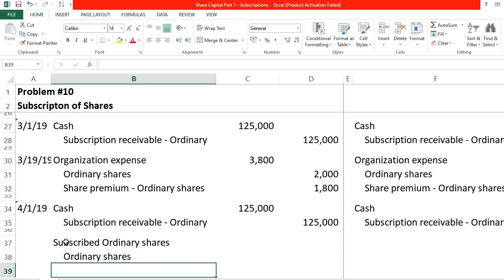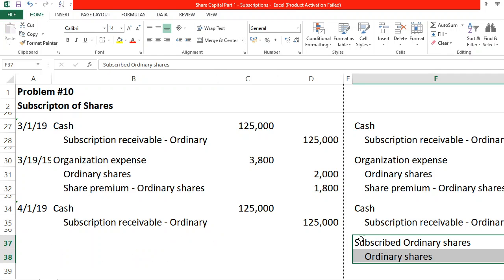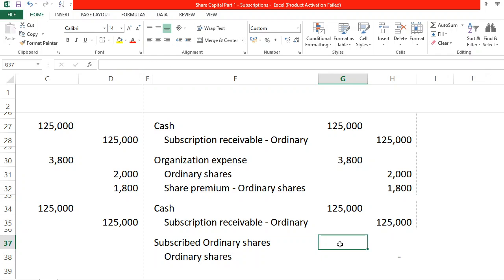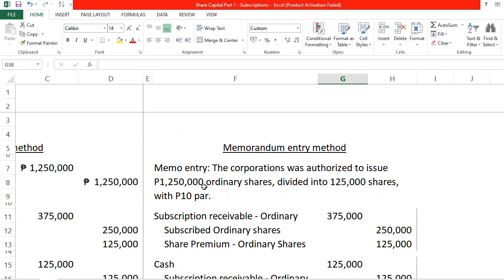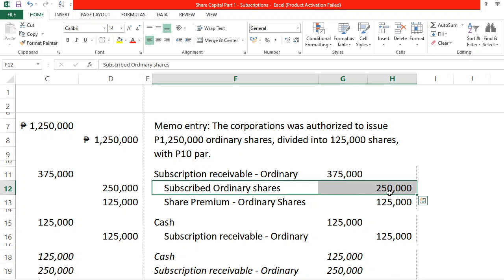Okay? This is supposed to be our entry kung atong gigamit is memorandum entry method. It's the typical entry na atong gina-study. So, this is equal to your par value which is 25,000 times 10. So, that's 250. Ato lang ning gi-eliminate by debiting it and crediting your ordinary shares.